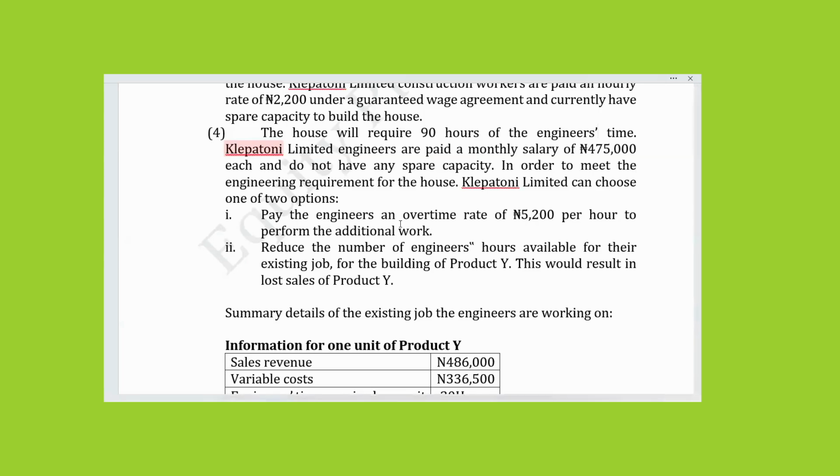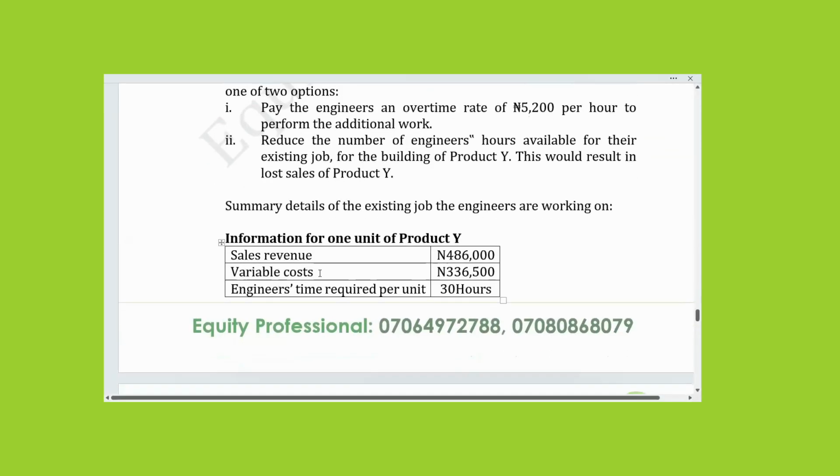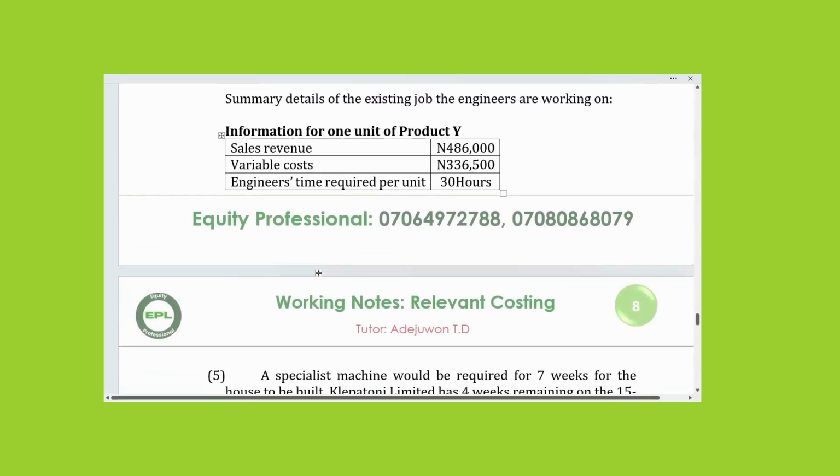Reduce the number of engineers' hours available for their existing job for the building of product Y. This would result in lost sales for product Y. Summary of the details of the existing job the engineers are working on. Information for 1 unit of product Y. Sales revenue 486,000. Variable cost 336,500. Engineer's time required per unit 30 hours.